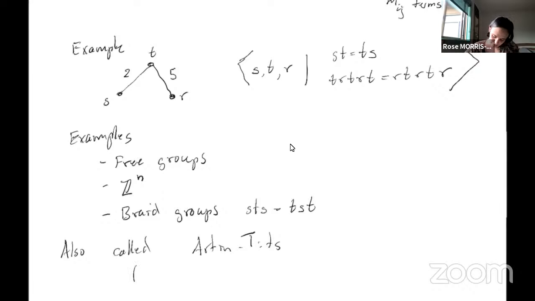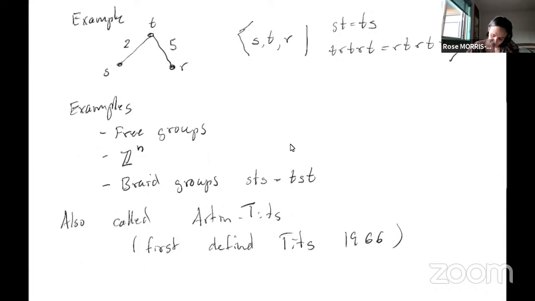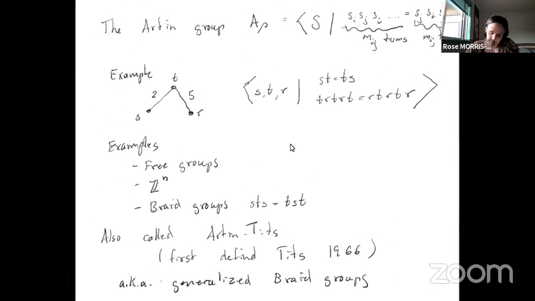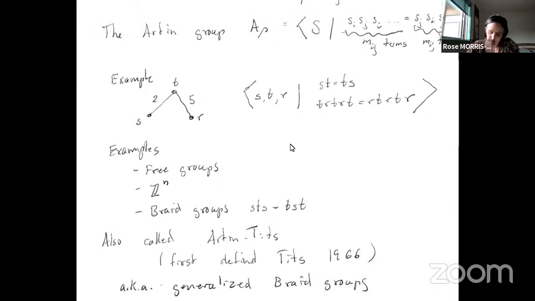So they were first defined by Tits in 1966, and they're also sometimes called, AKA, generalized braid groups. And this is the notation that I'm going to be using for all of our mini course.